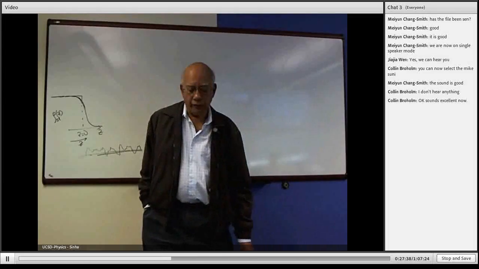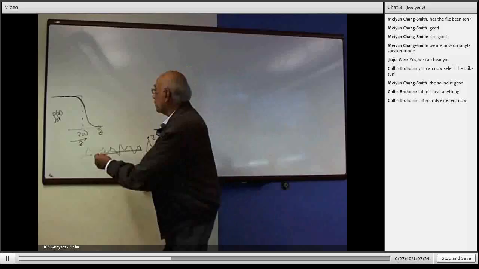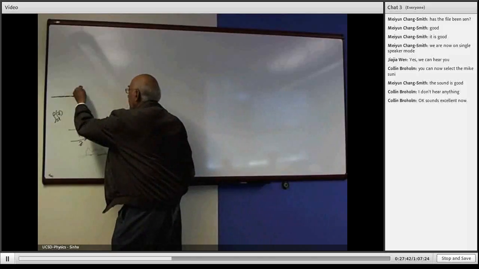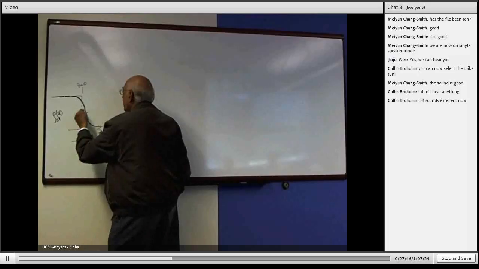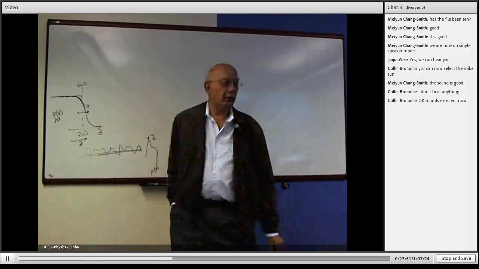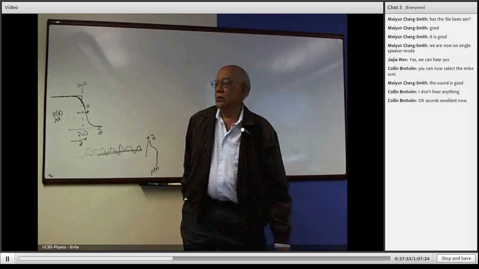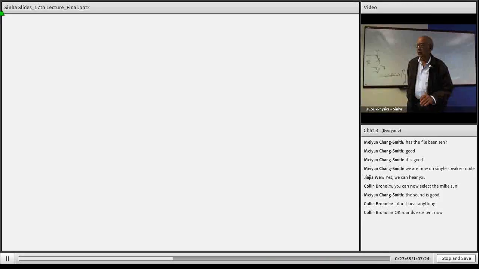So I can represent the profile as an error function centered around z equals 0 with some characteristic width, which I call sigma. Okay? So now let's go back to the slide.